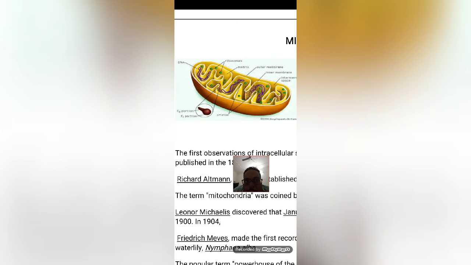There is a space between the membranes, and inside the inner membrane, wherever the cristae are present, the matrix is present. Matrix means the fluid part where many reactions take place, like the Krebs cycle, which leads to ATP synthesis.